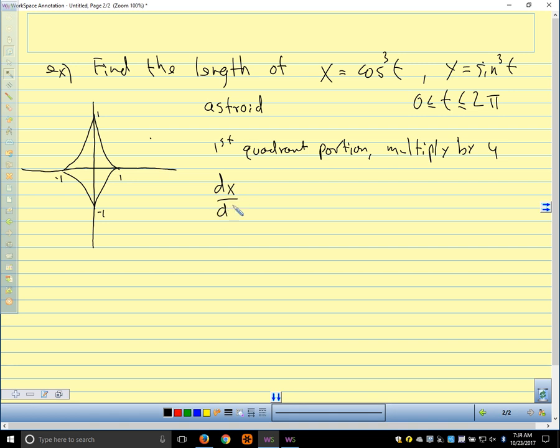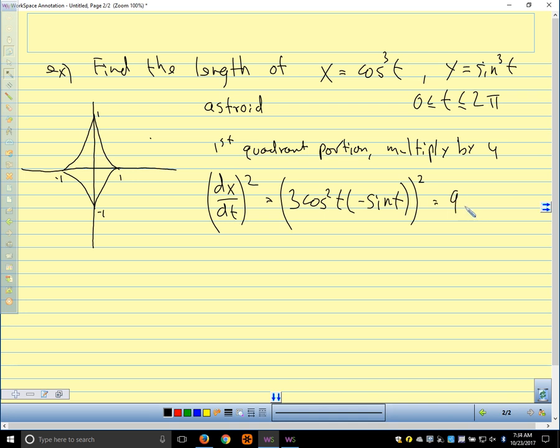dx/dt squared is 3 cosine squared t times negative sine t, squared.